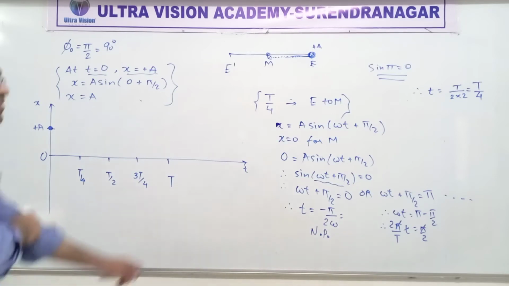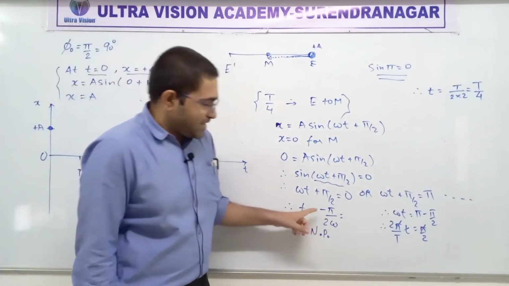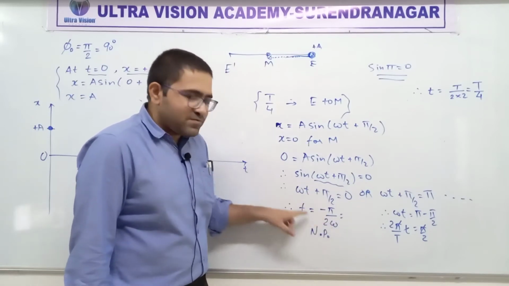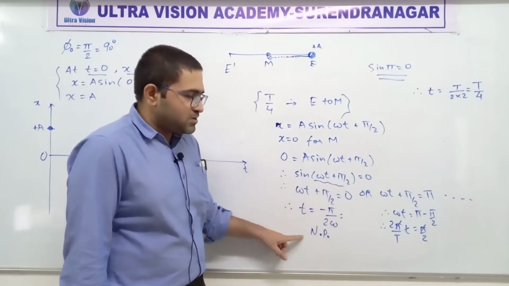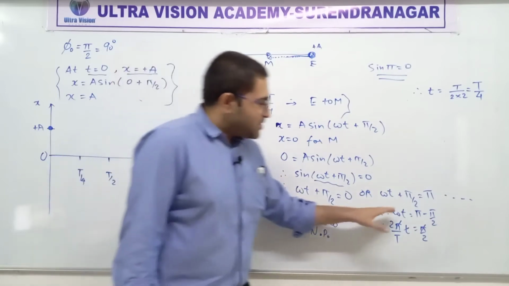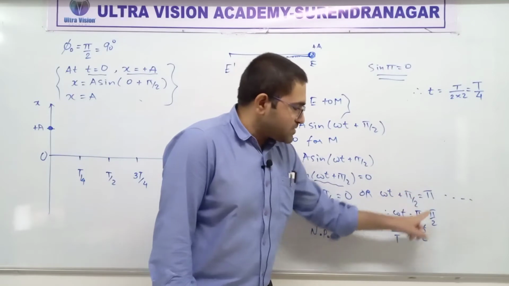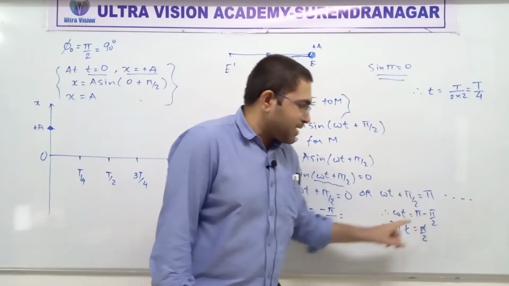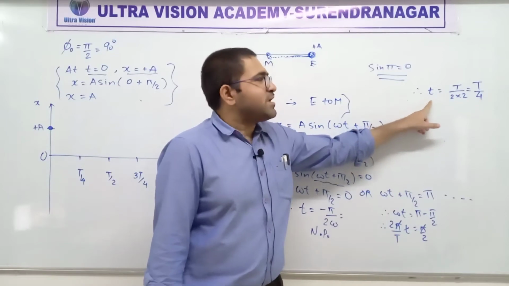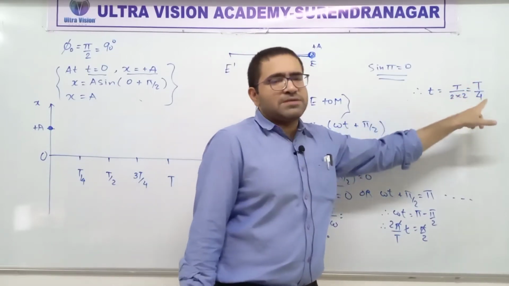So over here I said that if you solve this equation, you get t as negative, which is not possible, right? We don't want to go towards the past. Over here we solve this equation, so omega t is pi minus pi by 2. We simplify this and we get t equal to capital T by 4.